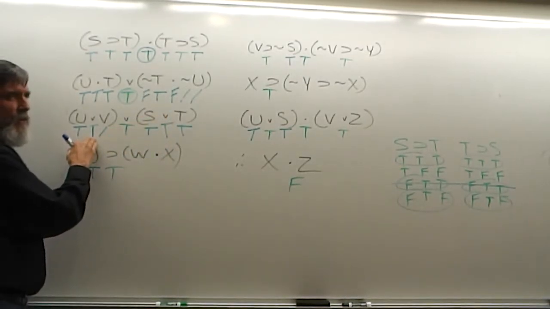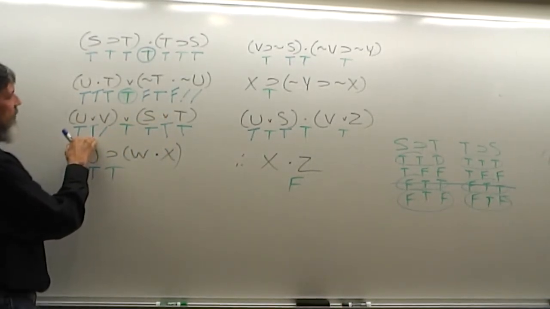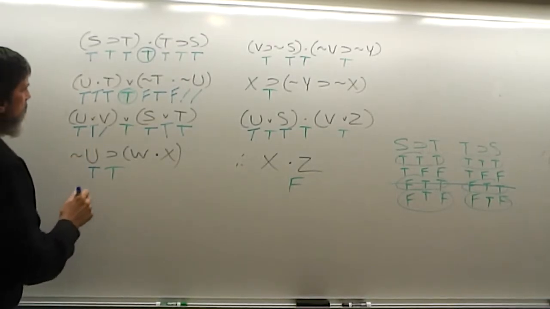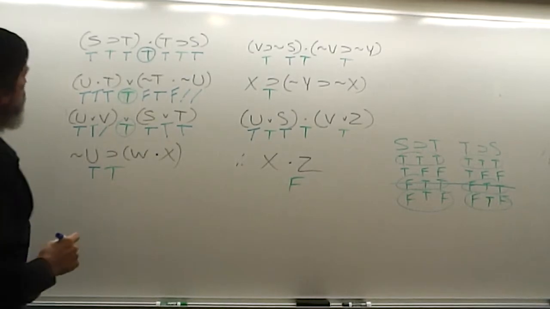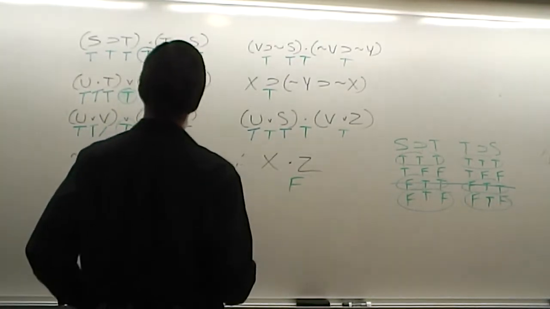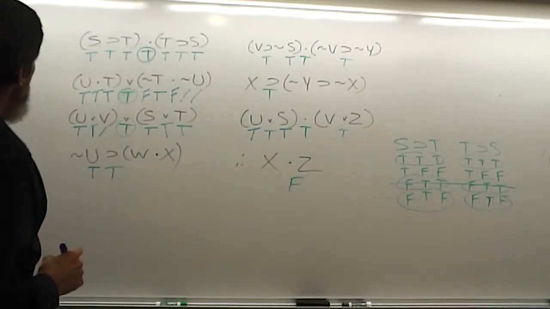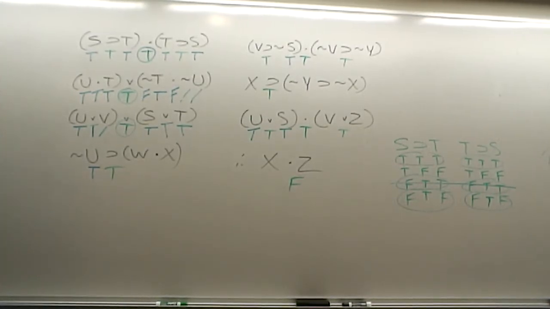But since we do know its truth value, I think we should stick it in there. We never determined a V. Do we have any other U's?